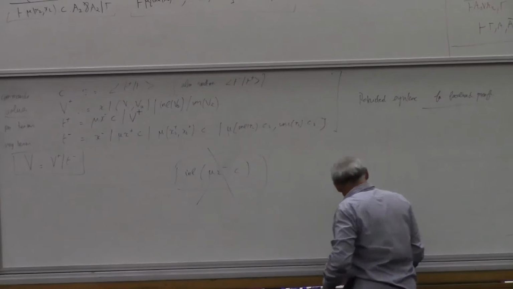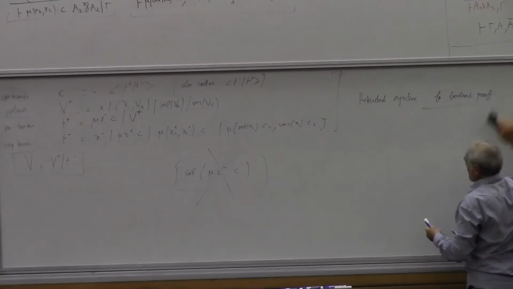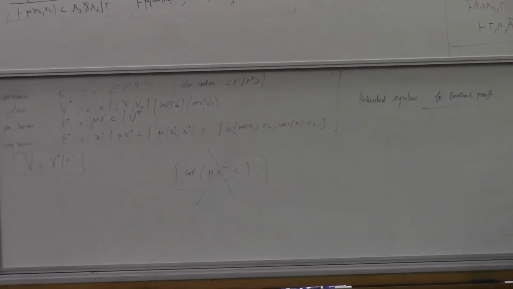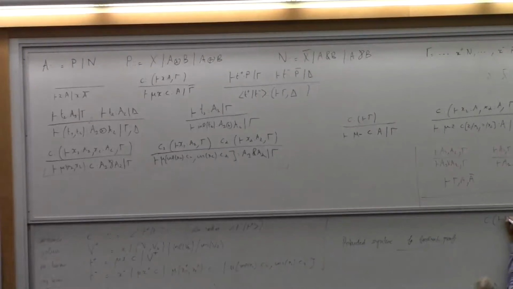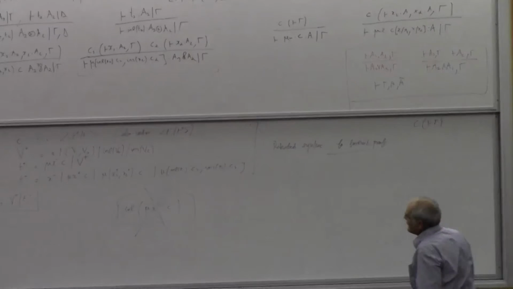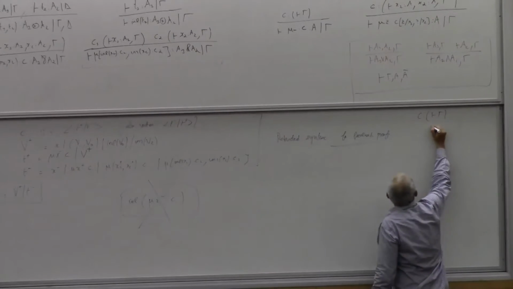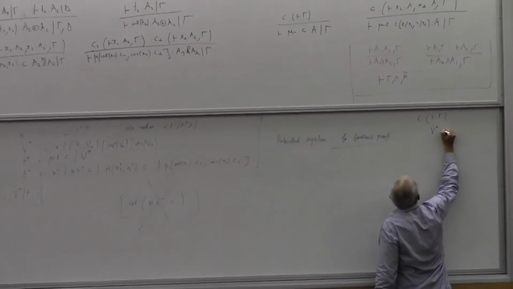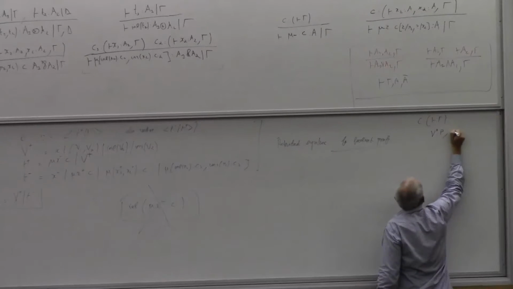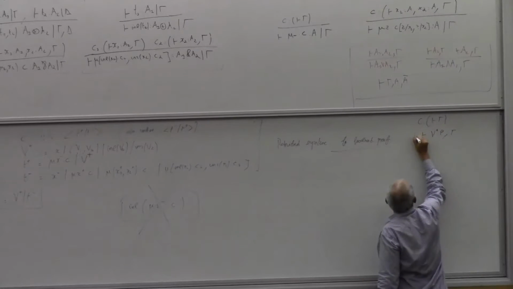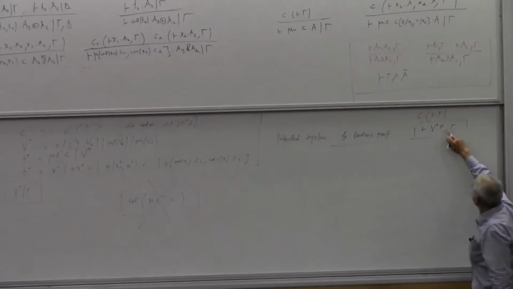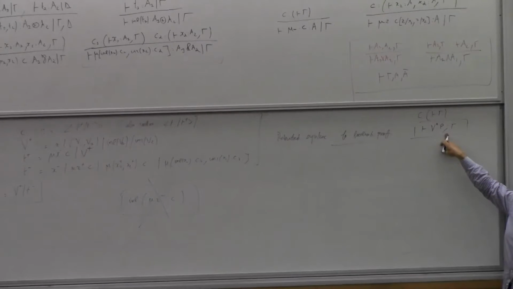So corresponding to these four categories, here we will have the judgment that C is a command of type gamma, that V plus is a value of type P, and it's going to be written like this, with instead of the bar, there will be a semicolon.